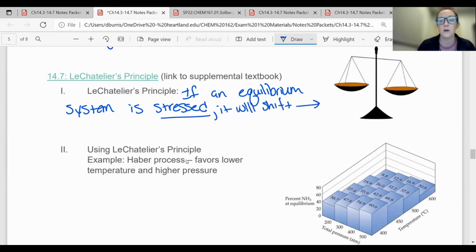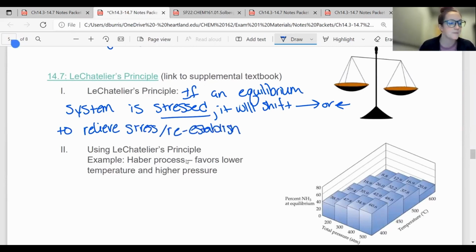It'll either go forward or backward, reaction-wise. It'll shift that way to essentially relieve the stress, or get back to equilibrium, to re-establish equilibrium.